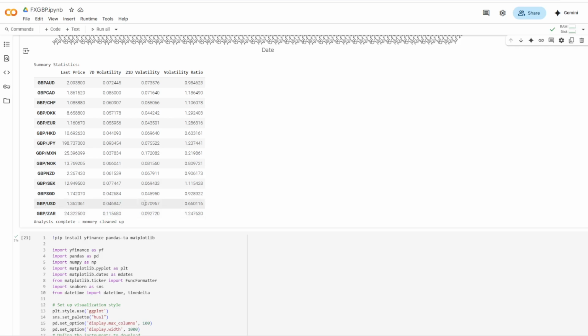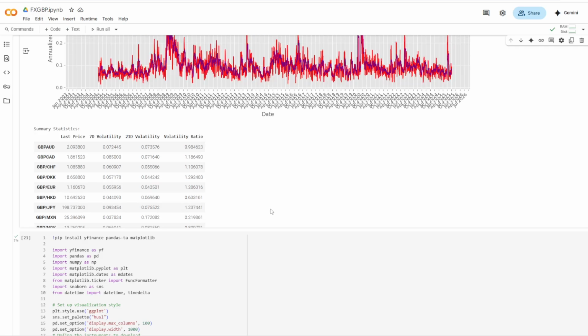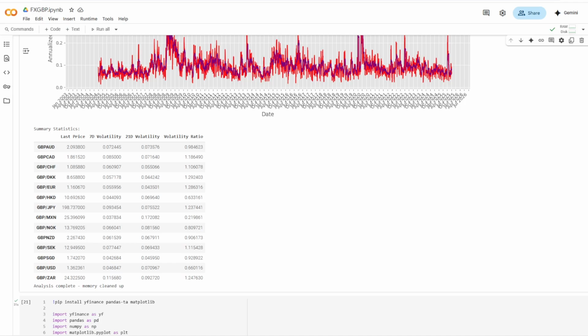For example, I can build an effective trading strategy, the positioning size, and also where the take profit or the stop loss of the theoretical trading strategy is, because I know that the 7-day volatility is 0.046, around 4%, and the 1 month volatility is 7% for cable, for pound dollar.